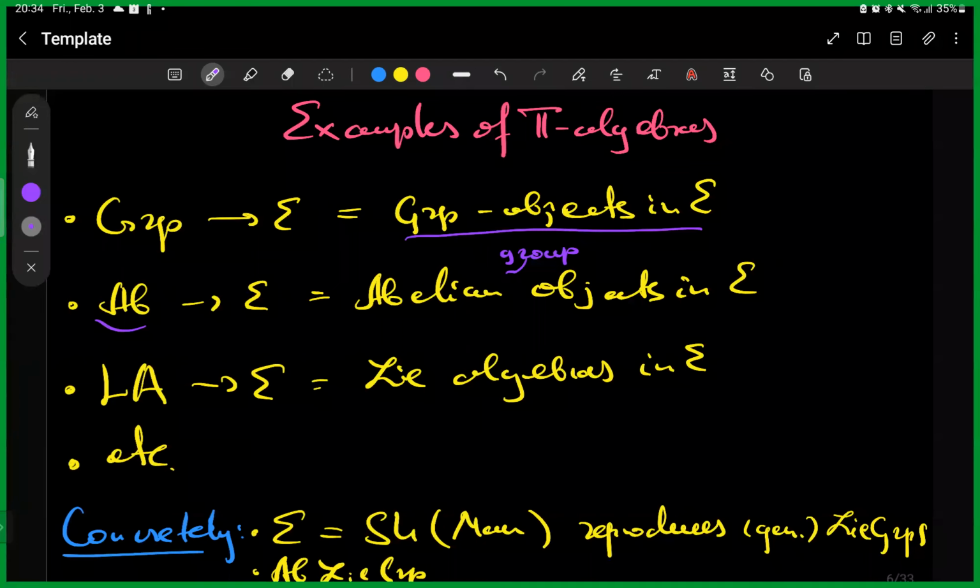So those will be not only the classical Lie groups, but infinite dimensional Lie groups as well.